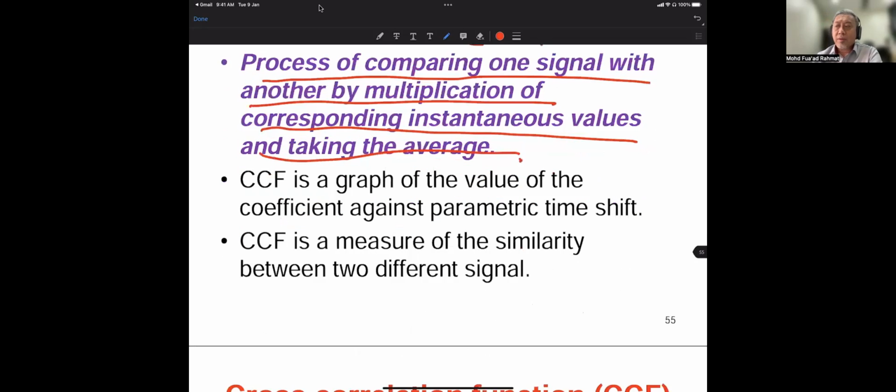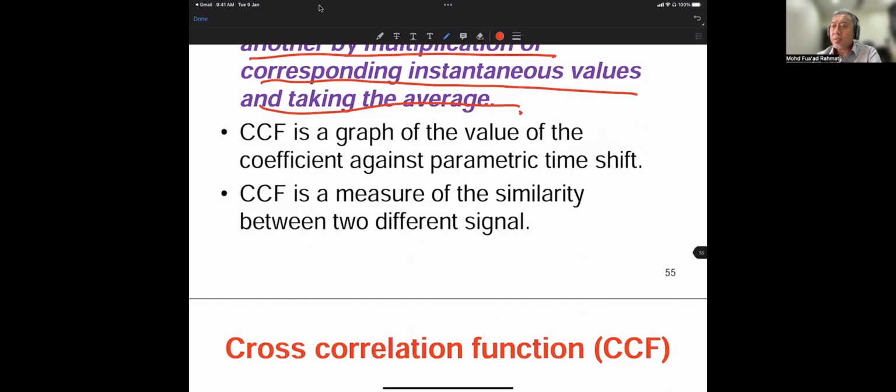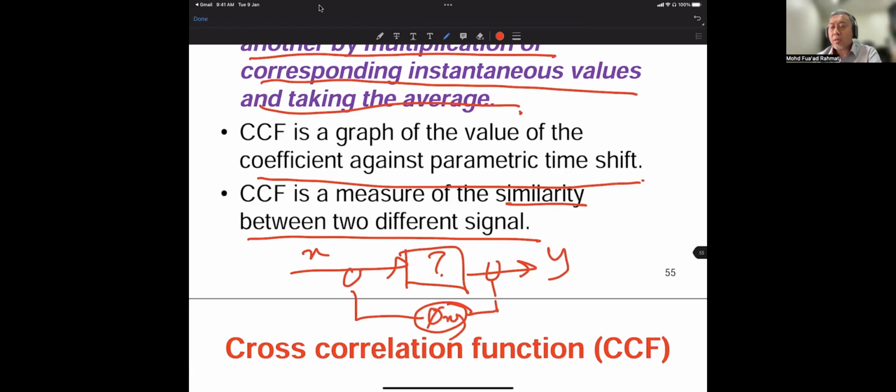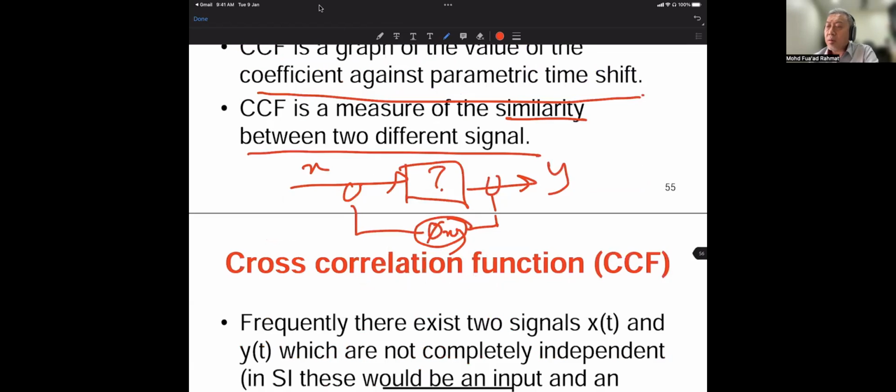So CCF is the graph of the coefficient values versus the time shift, a measure of similarity between two different signals. That is the keyword. In this case, if you have an unknown model with an input and an output, we capture them here and find ψxy. That is the cross correlation between the input and the output.